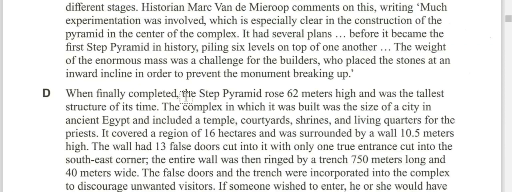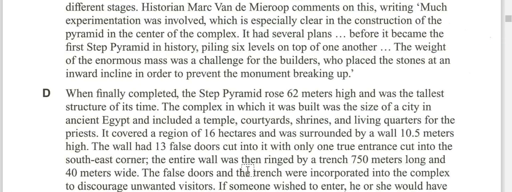It covers a region of 16 hectares and was surrounded by a wall of 10.5 meters height. The wall had 13 false doors cut into it, with only one true entrance cut into the southeast corner.